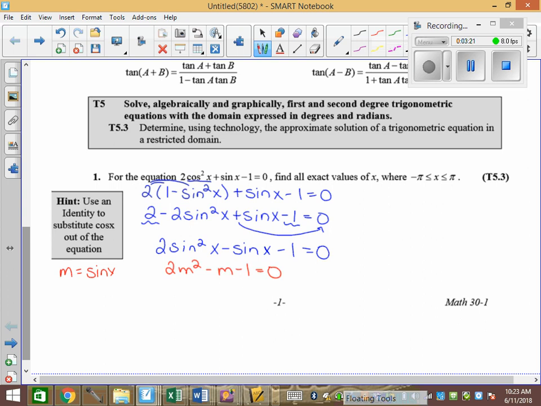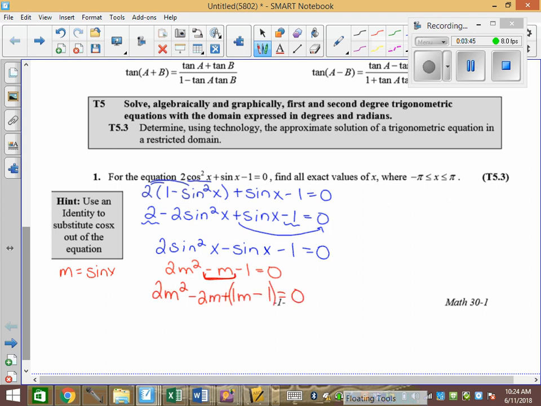What times what gets you negative 2? What plus what gets you negative 1? Negative 2 and 1. 2m squared, and then you replace this with it, right? Negative 2m plus 1m, because negative 2m plus 1m is negative m, and that's why the first and the last stay there, because you're just replacing the middle.